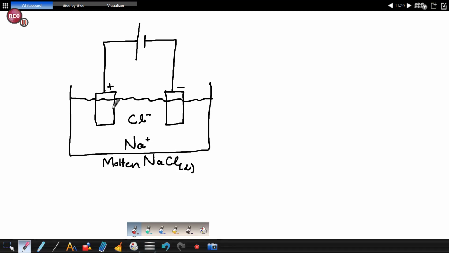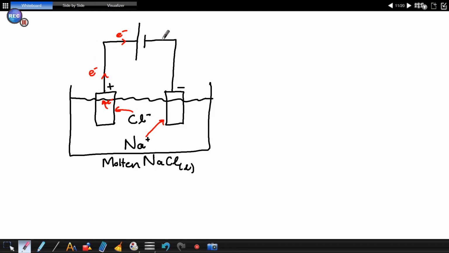They will be attracted to the positive electrode. Where will the sodium ions be attracted to? They will be attracted to the negative. The chloride here gives its electrons. The electrons will go through the wire to the positive terminal. That's the flow of the electrons.